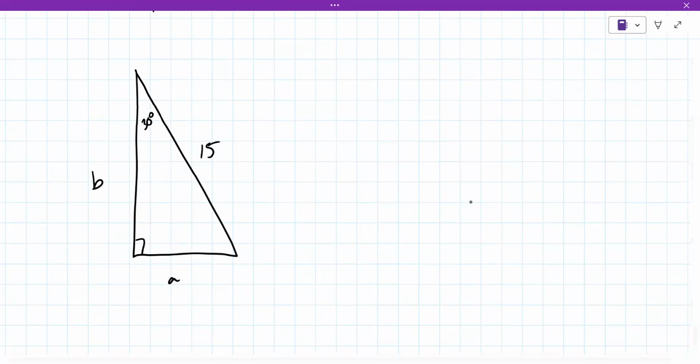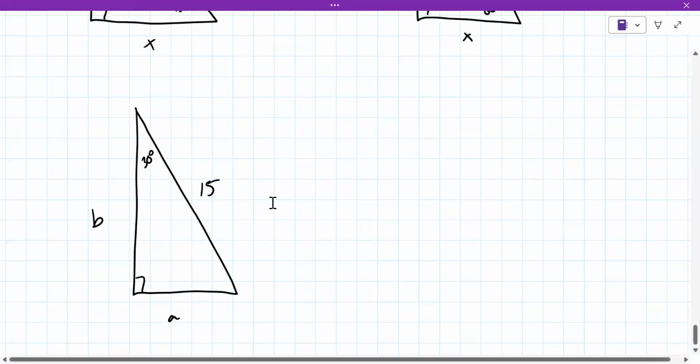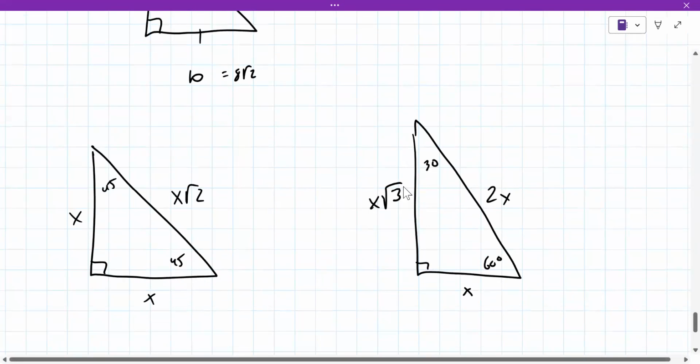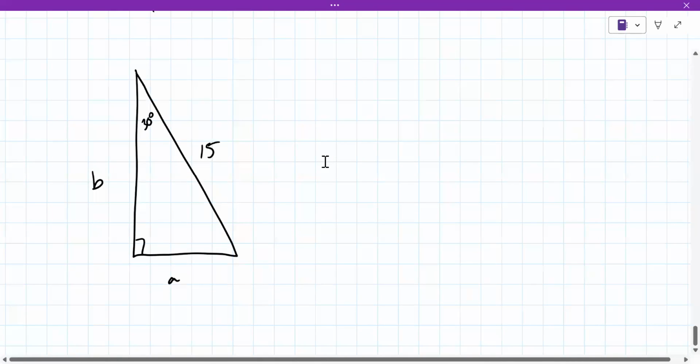Okay, so then 15 would be 2x, which means that x would be 7.5. And then b would be 7.5 root 3. Good.